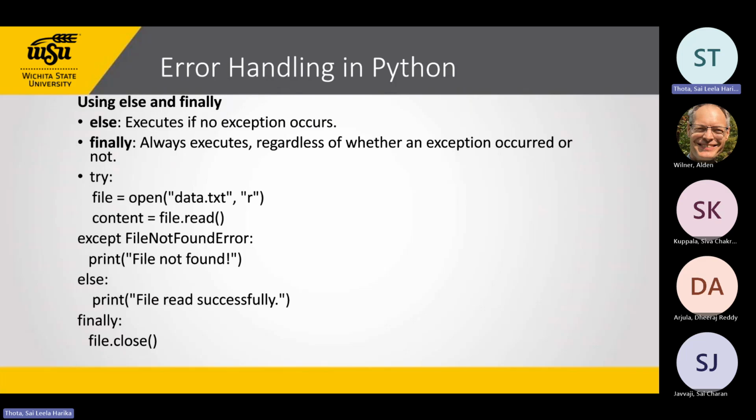So that is the reason I mentioned except FileNotFoundError, and I try to print that. Else, if the file is found successfully, it will print the else block, which is file read successful. And whatever we mentioned in the finally, it will definitely be done. So the file will be closed.